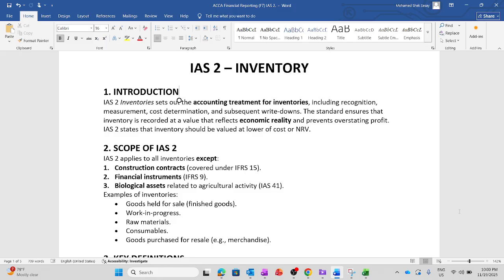Also, we have other revenue generating streams which we can't classify as inventory. If we are talking about insurance companies, they do not have inventory under IAS 2. The reason is that they provide financial services, not goods.